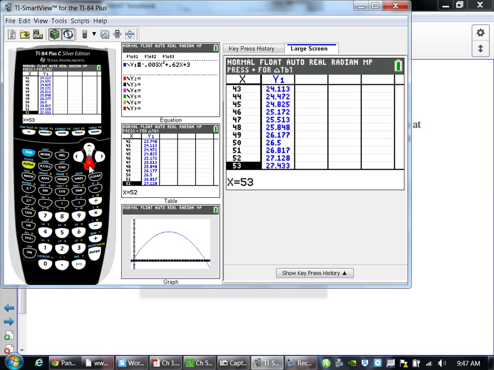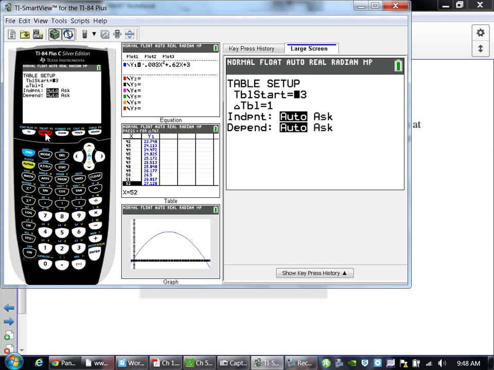Now, one of the things you can do is that in the table, instead of scrolling through, yours isn't so bad to scroll through because it goes a lot faster. Mine's a pain because it's slow. What you guys can do is this. If you hit second table set, it allows you to pick a new value to start your table at.